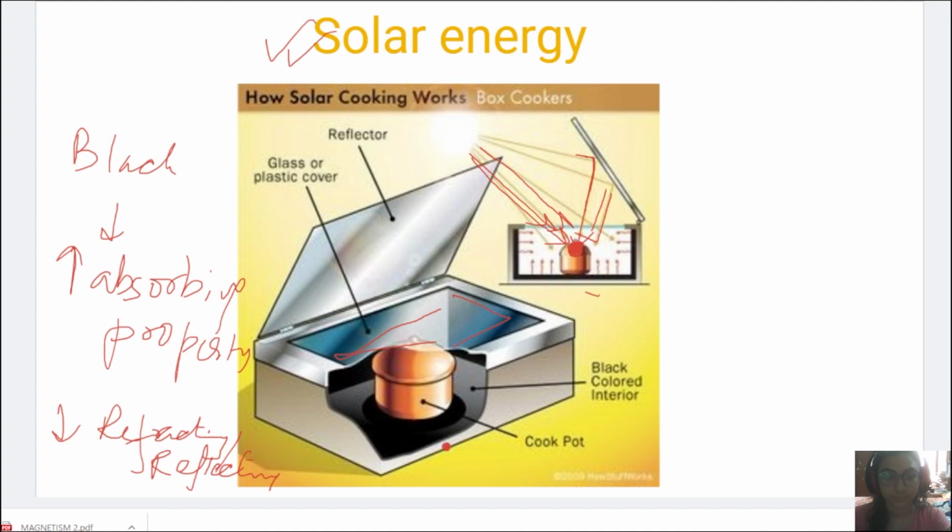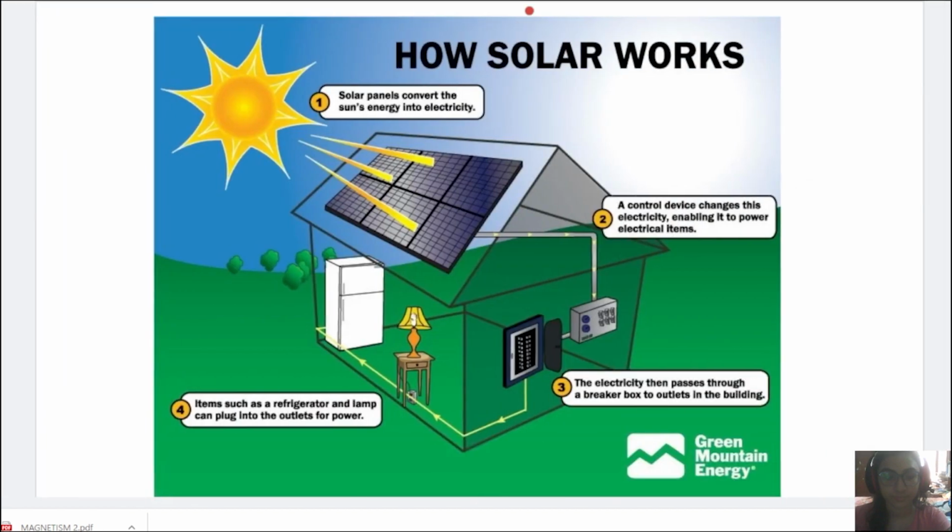So you can understand how all the heat energy that is coming here, reflecting through the reflector and also coming directly, is being concentrated here, and also it is getting absorbed throughout the whole box or throughout the whole cooker, and being able to heat this container. It is obviously made of steel because steel is a good conductor of heat.